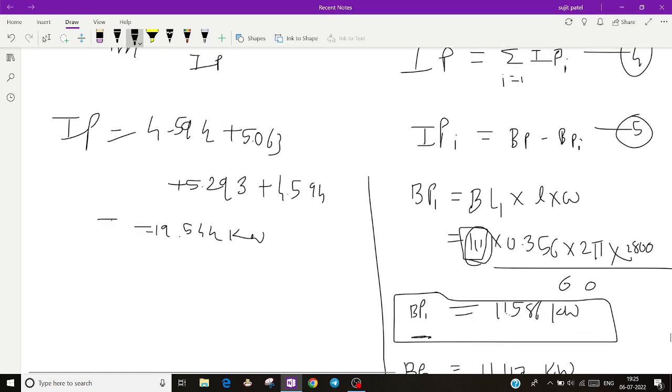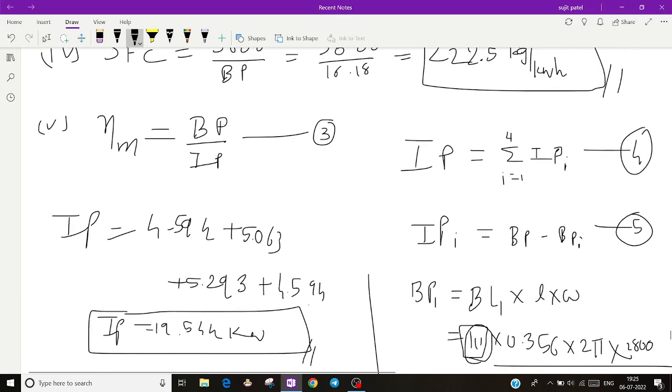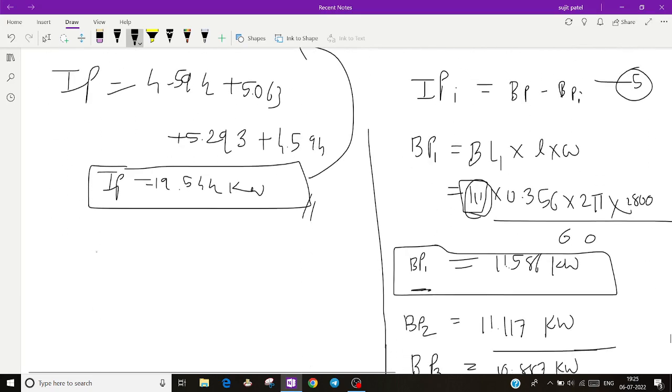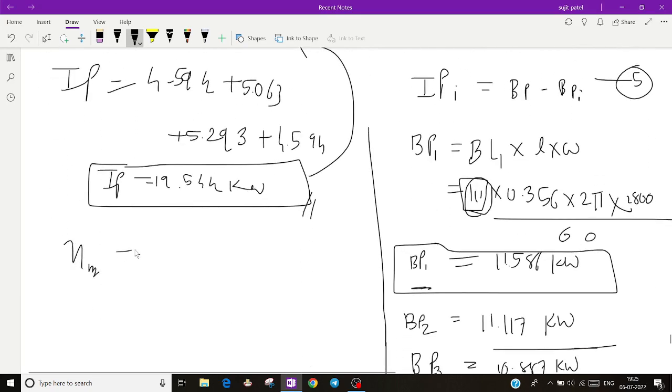So substitute this value, indicated power, in equation number 3. So mechanical efficiency we can find as brake power, 16.18 divided by 19.554, that is 82.78%.